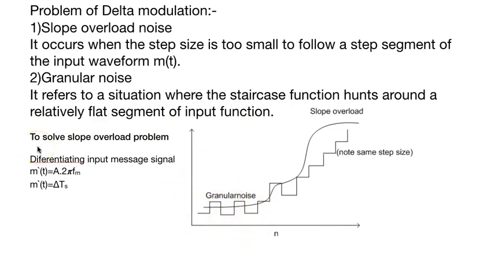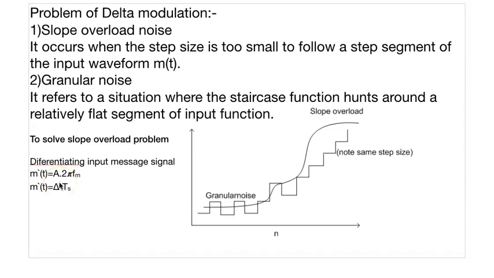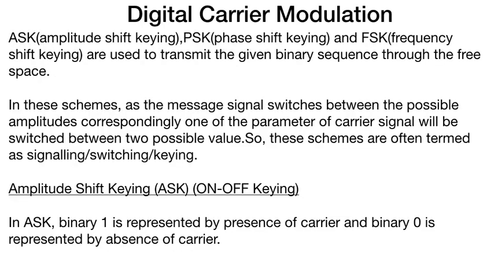Now to solve slope overload problem, differentiate the input signal and equate it to the step size; there should be a divide over here, divided by TS. So that was all about how to convert analog signal into digital signal. But that was analog baseband signal into digital baseband signal.